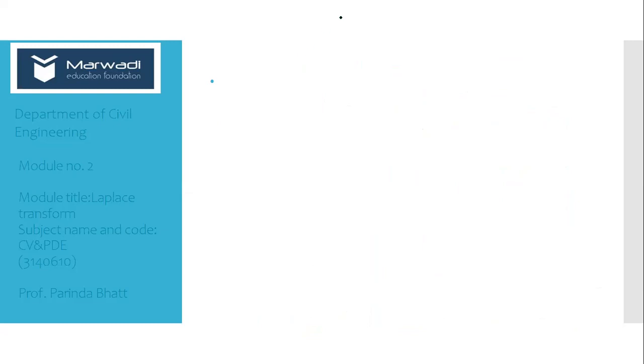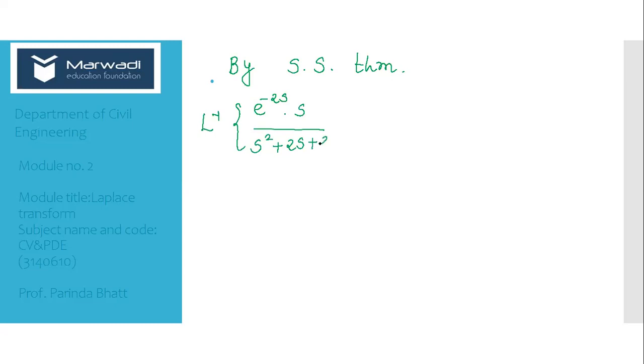Okay, now apply the second shifting theorem. By the second shifting theorem, Laplace inverse of e raised to minus 2s times s by s square plus 2s plus 2. Therefore, a is 2.